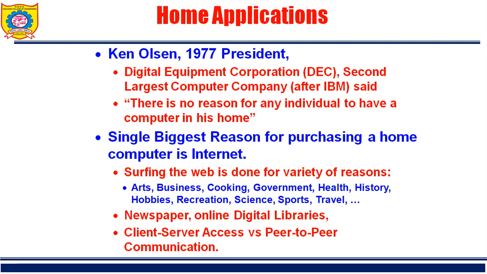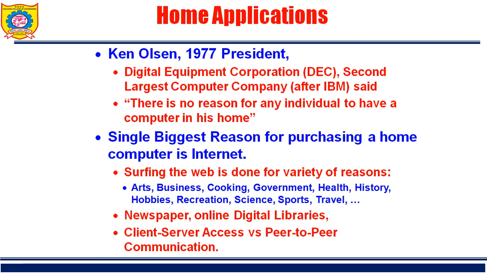That statement was given in 1977, but today you can see that every home has a device that can act as a computer. In 1977 the prediction was that there is no need for any human being to have a computer in his home.